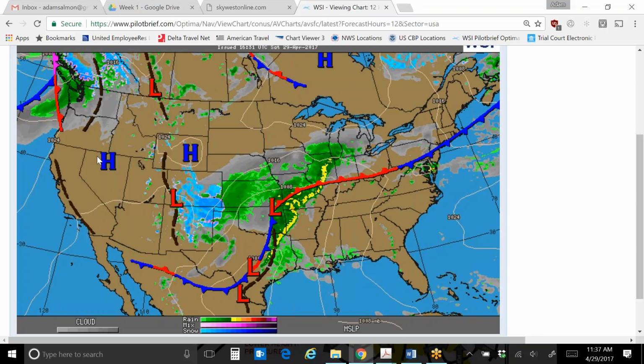So if we're right here in St. George, let's say, and this low is right to the north, if we're located right here on this particular edge of the low pressure system, if this is north, you'll see the wind coming out of that direction, coming this way.